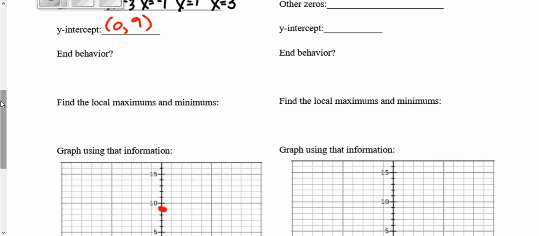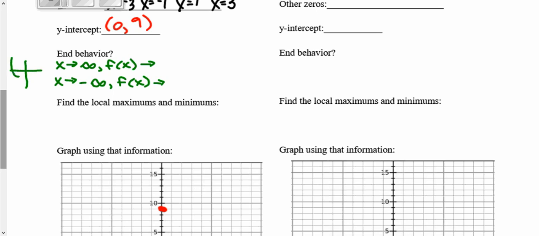All right, end behavior. So we have some notation that goes with end behavior. Remember, if this isn't on your reference sheet for your test, please make sure that it is. You could even pause this and go ahead and do this real quick. So this notation means on the right side and on the left side, what are the ends doing? So we talked about at the beginning of this problem that this was going to be a W opening upwards because it's a quartic with a positive leading coefficient, which means both ends are pointing up.